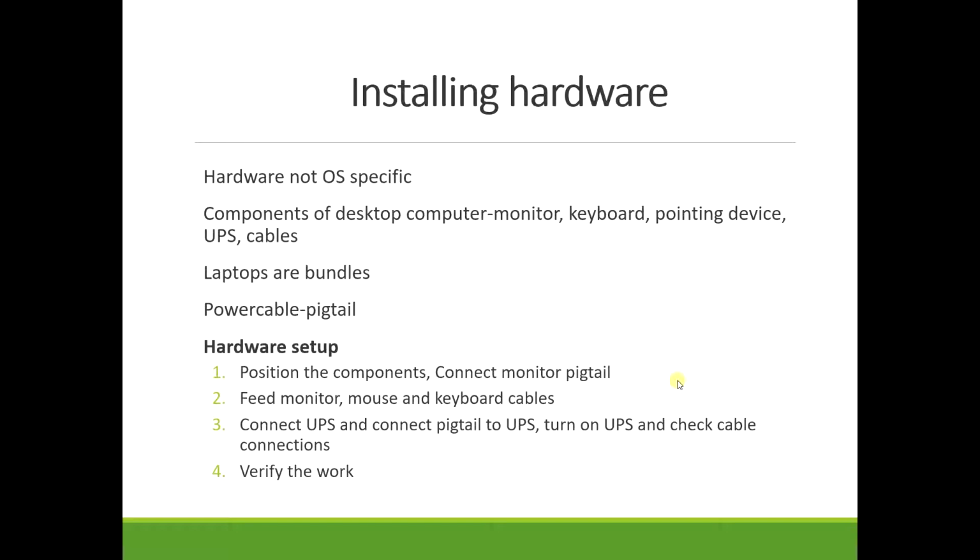We always need to consult the manufacturer's instructions for specifications about setting up the system, and a typical hardware setup sequence for a desktop pedestal includes the following steps. The first step is to position the components on top of a desk. Optionally, if the system has a separate floor pedestal, it is placed underneath the desk along with the UPS, with the backside and connector ports facing the installer.